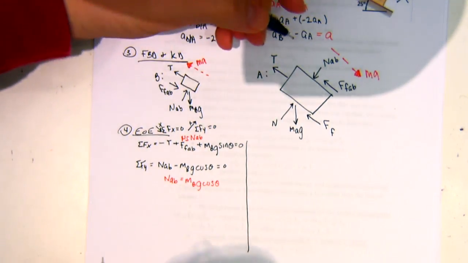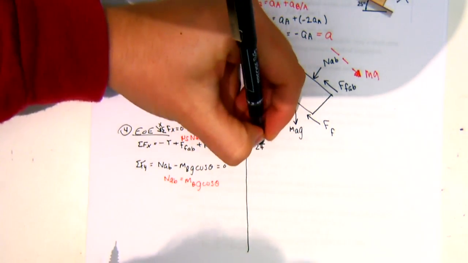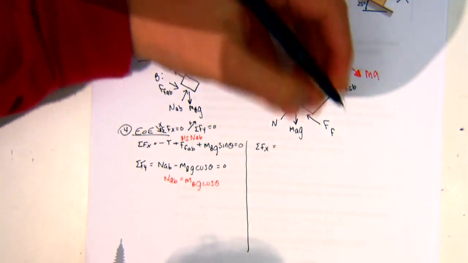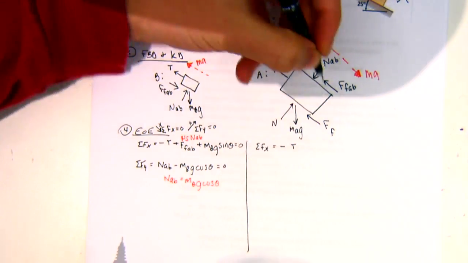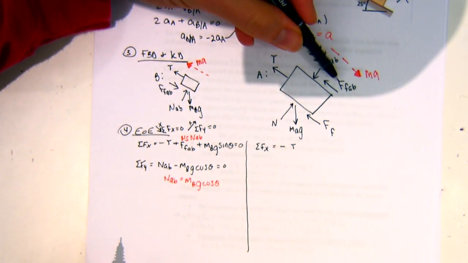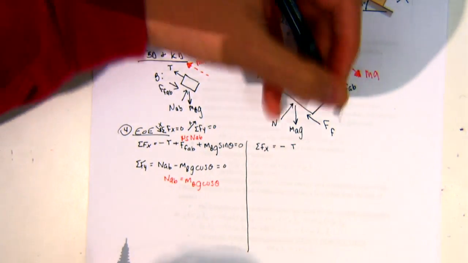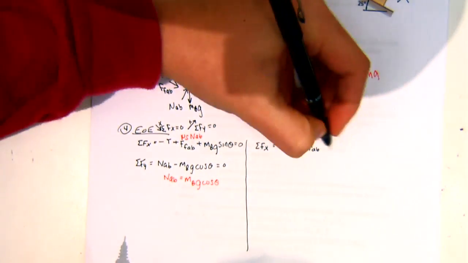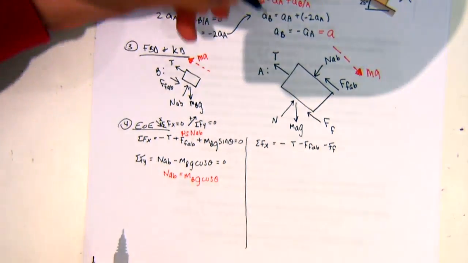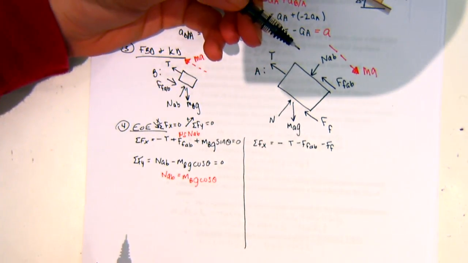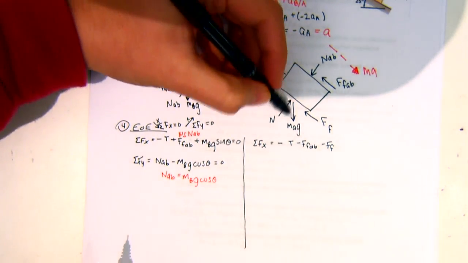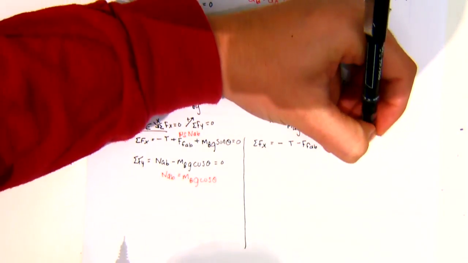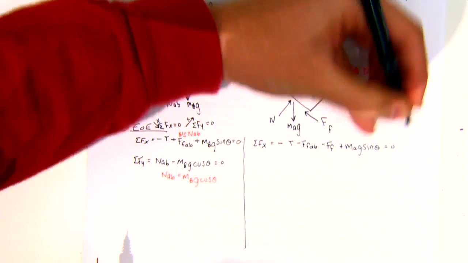So if I say sum of forces in X, I have, so it's going to be negative T, then I'm going to have minus FAB. I have minus the force of friction between A and the contact surface. Then I have plus MAG sine theta equal to 0.